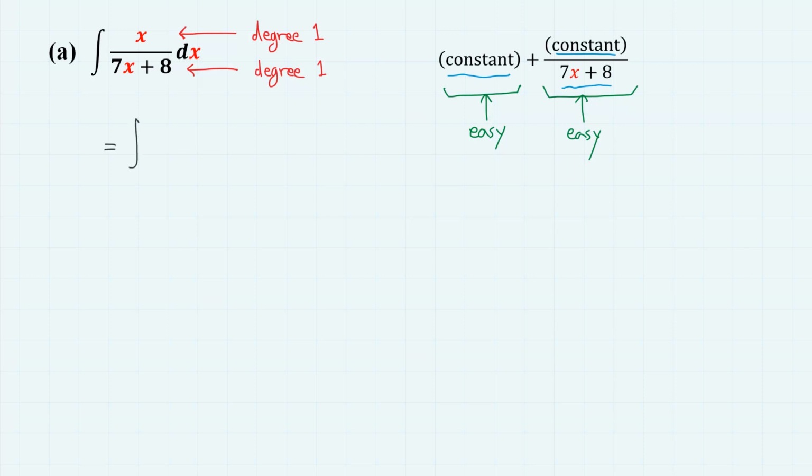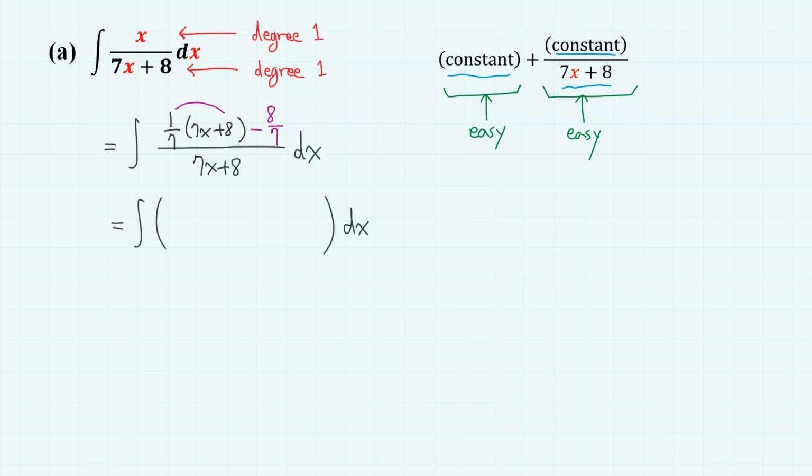We can do so by writing the numerator as 1/7 times (7x plus 8). Then, in order to remove the constant term, we subtract that term, which is 8 over 7. So for the first part, we have the constant function 1/7, and for the second part, we have 8 over 7 times 1 over 7x plus 8.